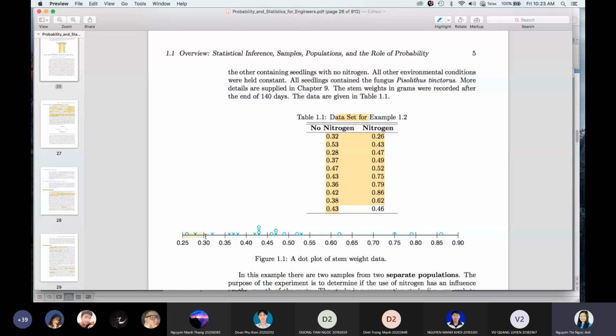We remove 10% here and 10% here, and we have 80% inside. And from the inside, we find the sample mean. That sample mean is called the trimmed mean 10%.